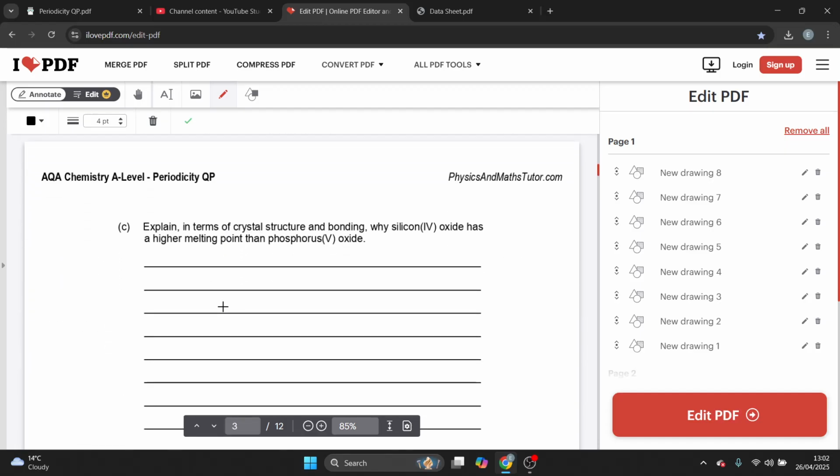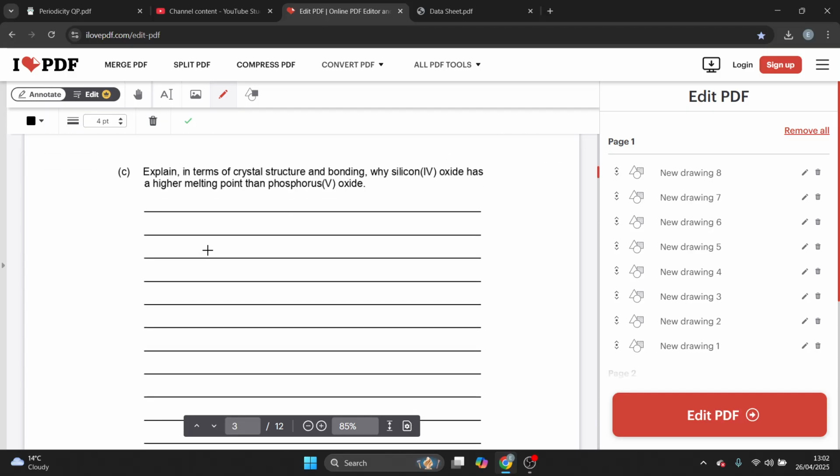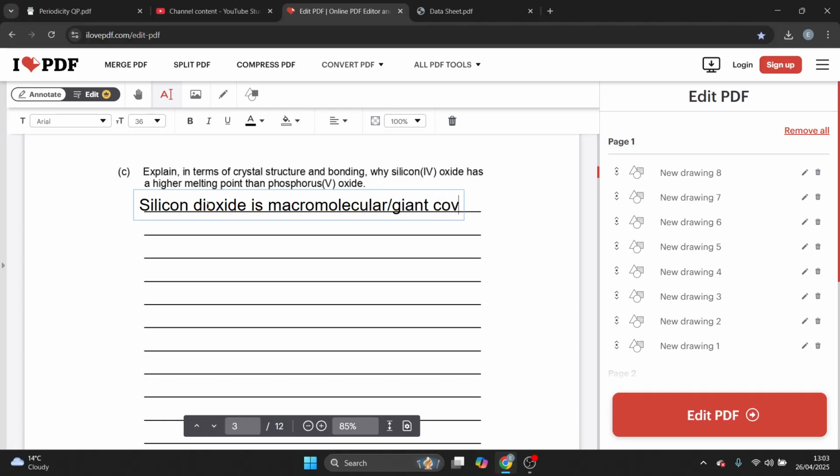Explain in terms of crystal structure and bonding why silicon(IV) oxide has a higher melting point than phosphorus(V) oxide. Silicon dioxide is macromolecular / giant covalent.